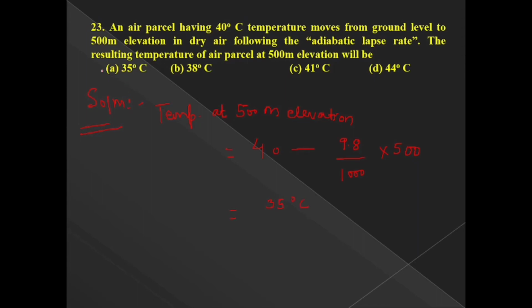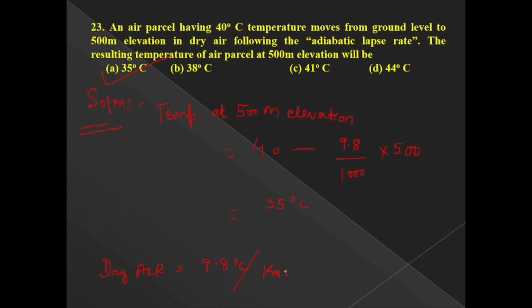So option number A is correct, because dry ALR is equal to 9.8 degree centigrade per kilometer, and the wet adiabatic lapse rate is equal to 6 degree centigrade per kilometer. Okay, now please note it down fast.